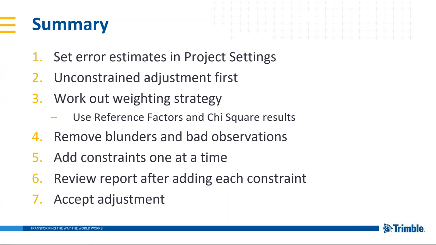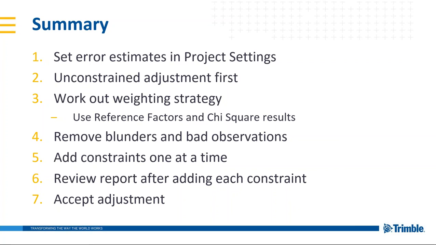So pay attention to the reference factor and chi-squares, and make those chi-squares pass. That helps you identify any blunders or issues you might have in your network, and then once you're good with that, you start adding constraints. You don't go back and mess with your weighting strategy anymore. You're set at that point.